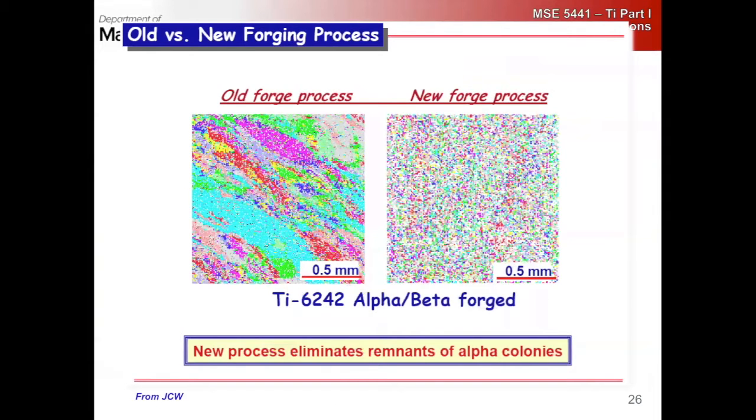New forging processes can essentially eliminate it, but you have to put in a lot more strain, many more knockdown steps. You take a big square, squish it down to a skinny rectangle, turn it on its side, smash it, rotate it, smash it. You have to do a lot more of these breakdown steps than people ever thought before, right?